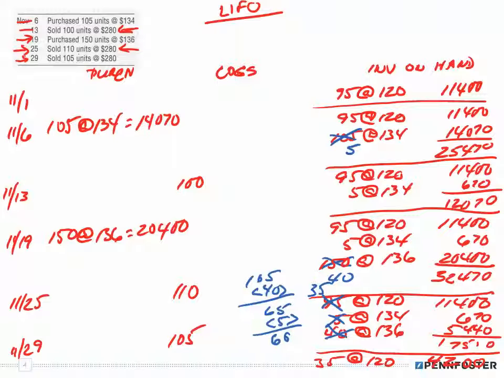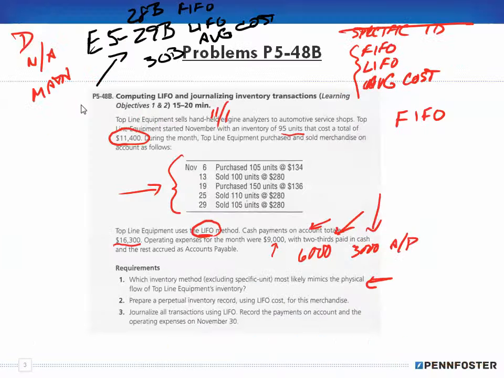So our inventory value is 4,200, right? Now, let's see here. It's asking us to journalize all the transactions using LIFO, record the payments on account, and operating expenses on November 30th.